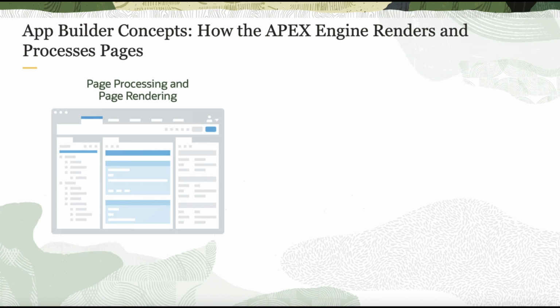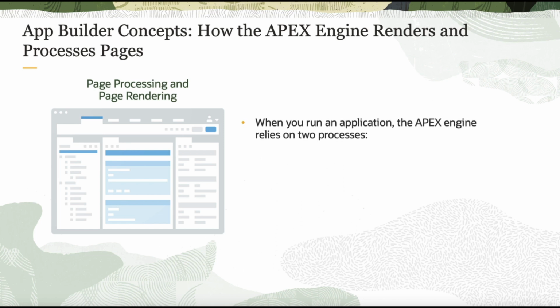Page processing and page rendering. We already understood that the Oracle Apex engine dynamically renders and processes pages based on data stored in Oracle database tables. To view a rendered version of your Apex application, you request it from the Apex engine with a URL.